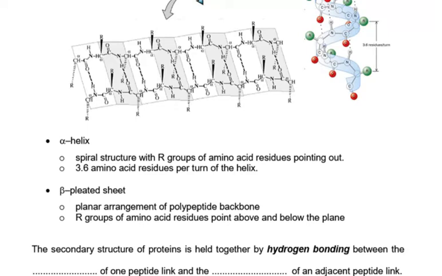And in the case of the beta pleated sheet, the amino acid side chains, which I showed in red in my structure on the previous page, stick up and down from the flat beta pleated sheet, so then they can make bonds and interact with other atoms in the protein or in other molecules.